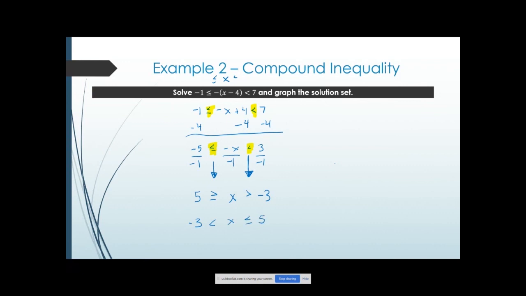And you may be wondering, why didn't we just keep the symbols the same and switch the order of the numbers? Well, notice that the order of the symbols also switched. So what was an equal to on the left is now an equal to on the right side. There's a lot to keep track of.